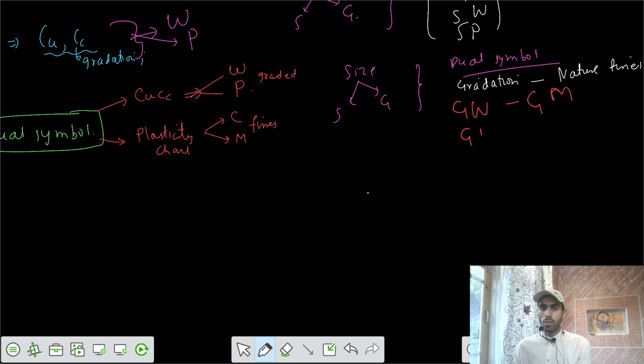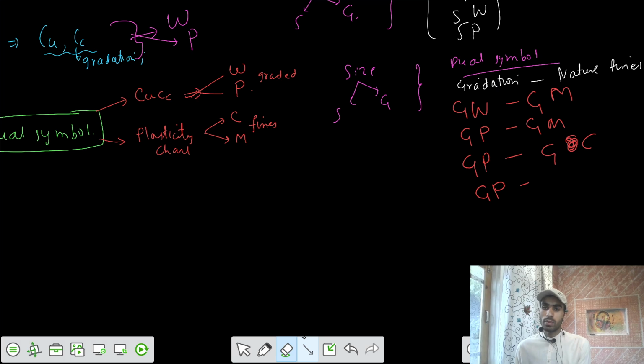Similarly, we can have poorly graded gravel with silt as fines, and poorly graded gravel with clay as fines, that is GP-GC.